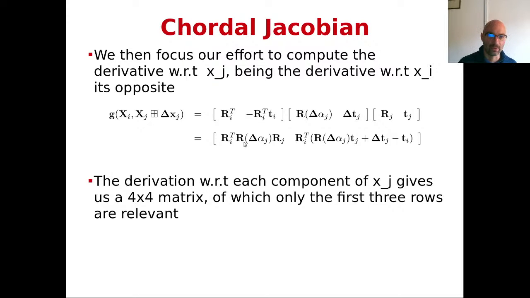Similarly, if we want to compute the derivative with respect to alpha y, we will have to replace in this equation here r of alpha y with r prime of alpha y evaluated in 0, and also here.